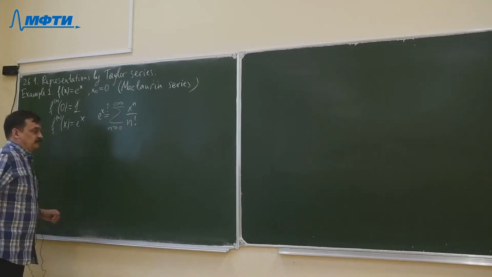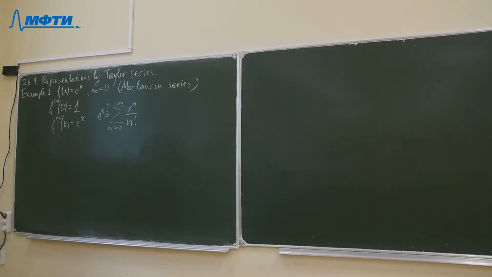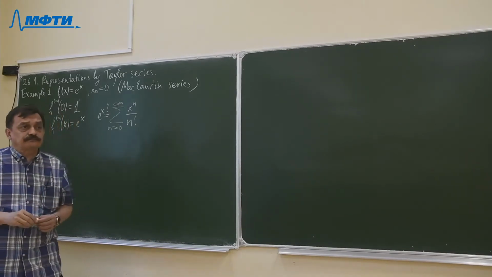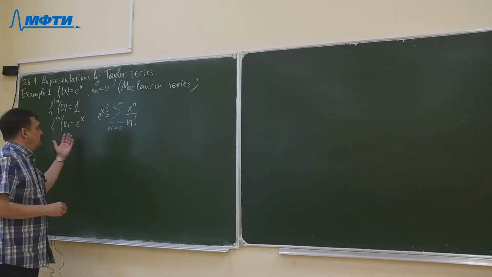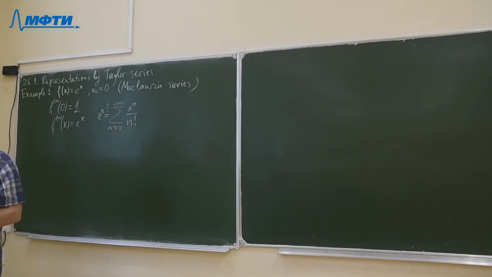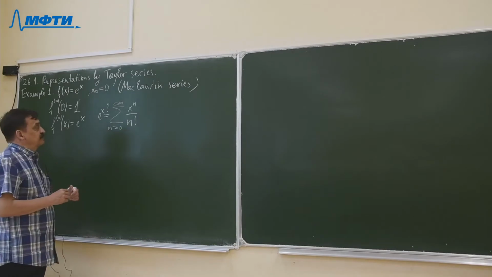And the question is, is this equality true or not? We saw in the last example of the former lecture that the existence of a Taylor series doesn't guarantee that our function is represented by the Taylor series.